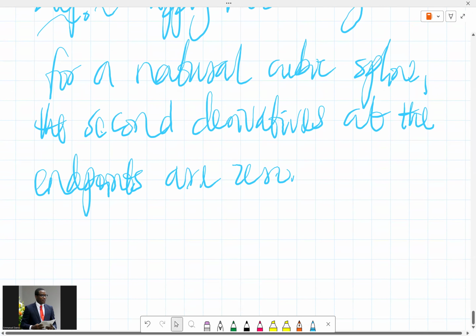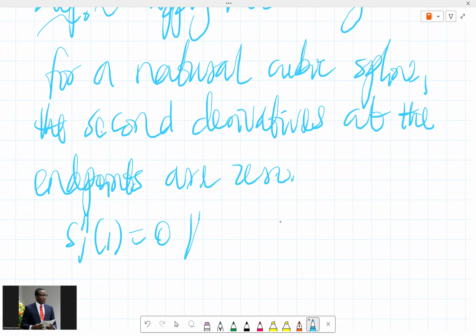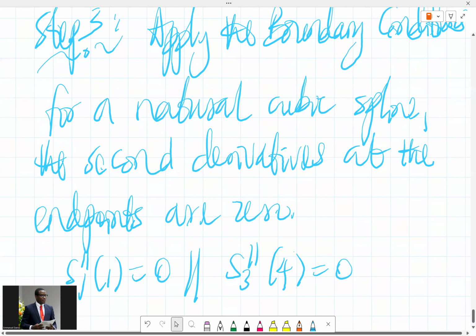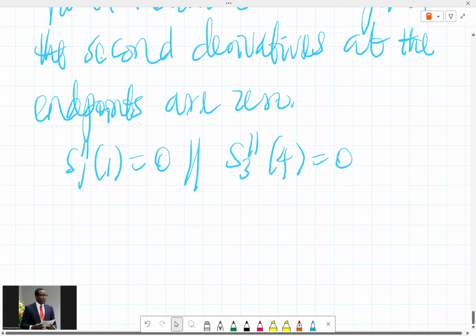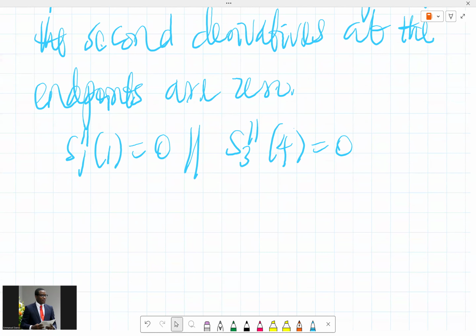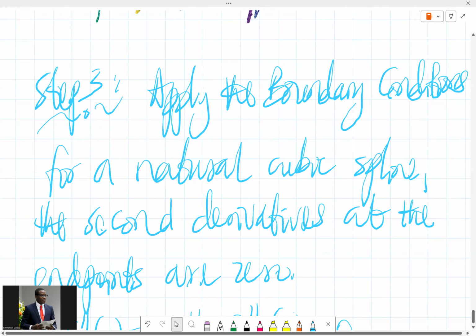So we have that S1 prime prime of 1 is equal to 0, just like S3 prime prime of 4 is also equal to 0. So for a natural cubic spline, the second derivatives at the endpoints are 0, because that's the starting point and the termination point. So that's step 3 now.